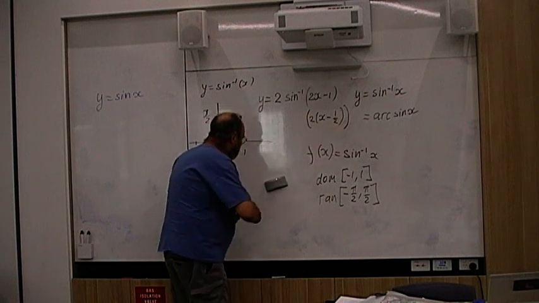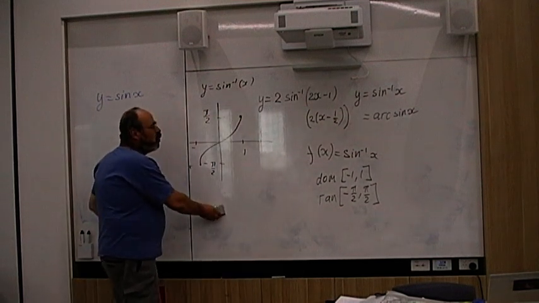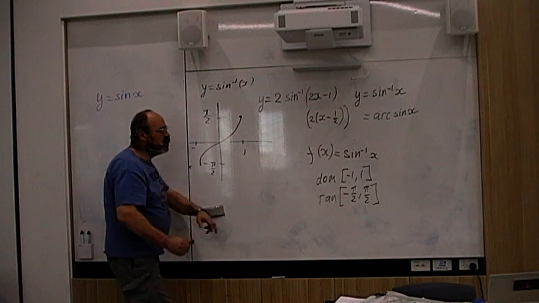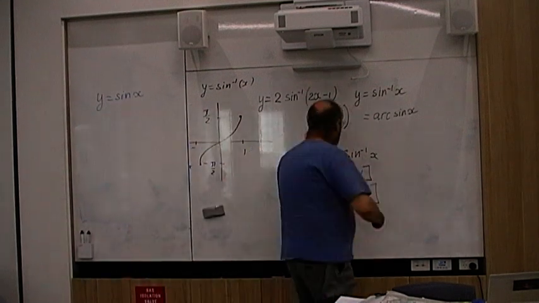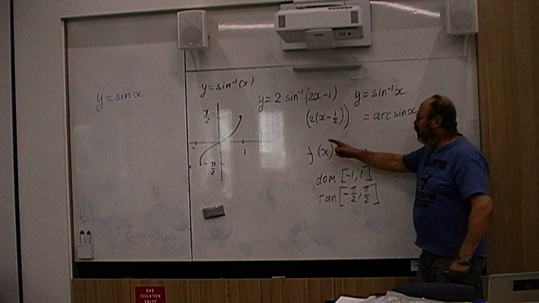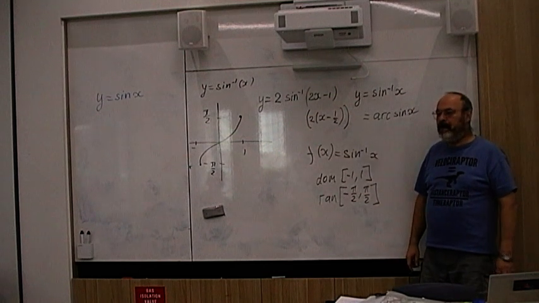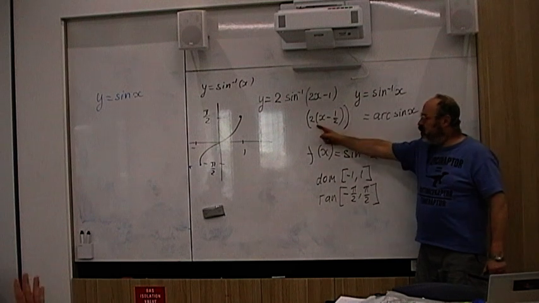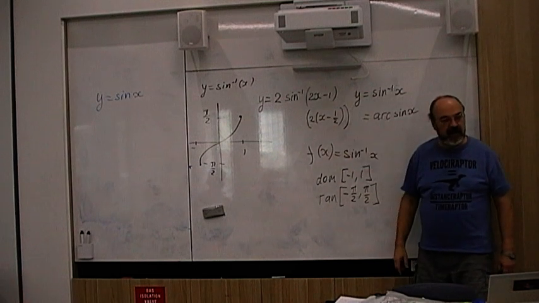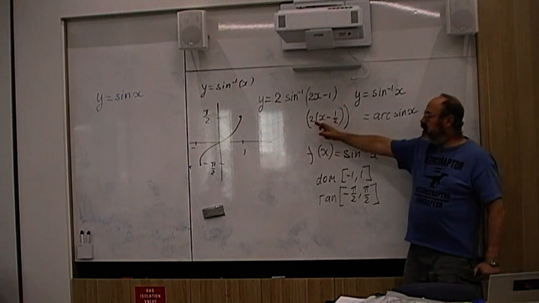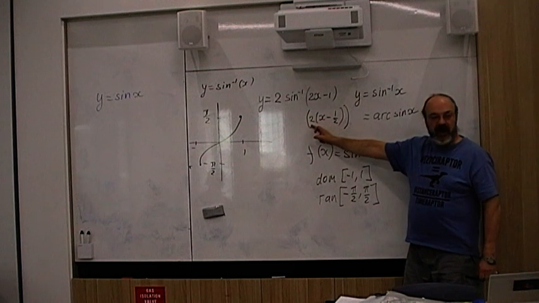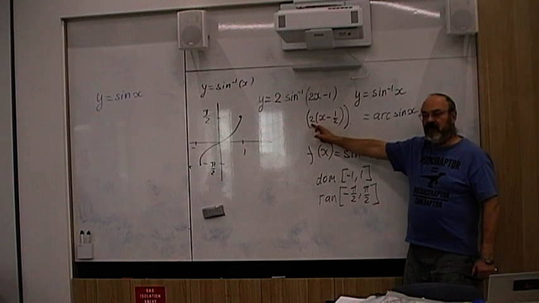So what will be the domain now? It was minus 1 to 1. When we have now 2x, what does this do to the domain? It halves it, because this is a dilation from y by factor 1/2.